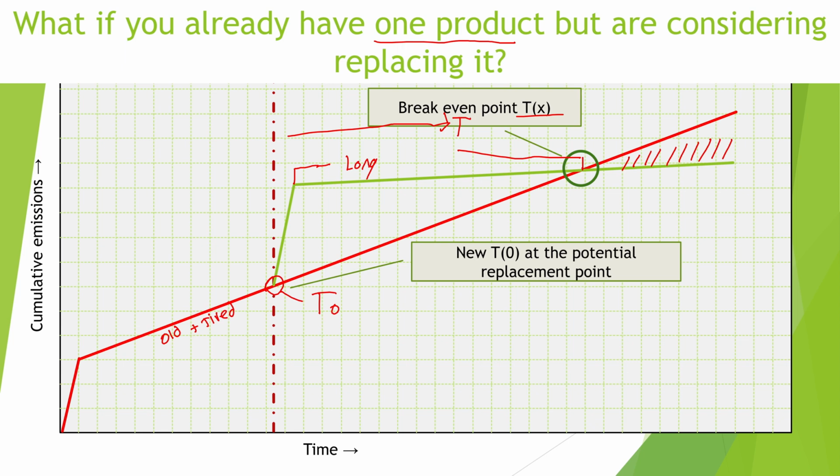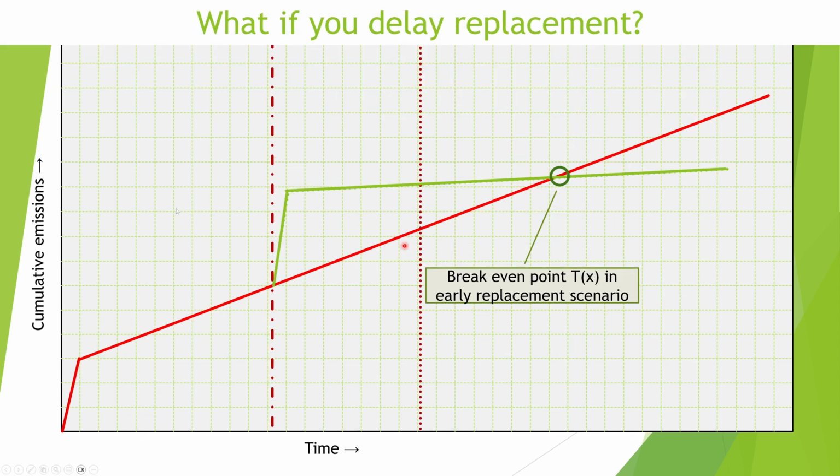If you delay replacing the red product with the green product, then all that you will achieve is raising the lifetime emissions of product use, because you will find that if you put a new time here, time 2, and you put the green product here instead, your break-even point has gone further out into the distance and your total lifetime emissions have gone up.